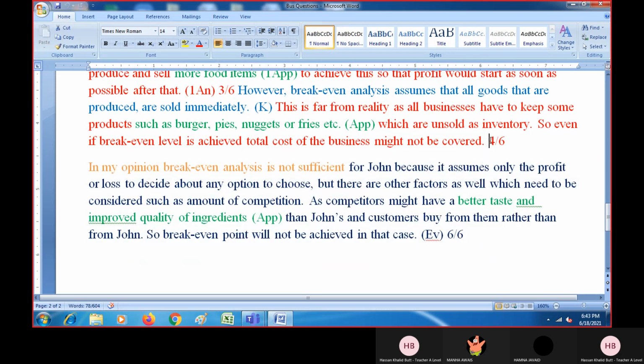We already got 4 out of 6 earlier for knowledge, analysis, and application. Then we got 2 more marks for evaluation, because in a 6-mark question, 2 marks are for evaluation. That is giving your own opinion and backing it up with the justification as well. Right. Okay. So Hamna, Zainab, and Manha, is that clear? Yes, sir. All right.